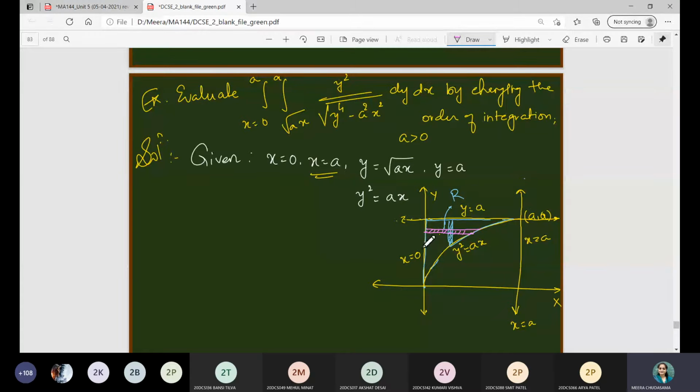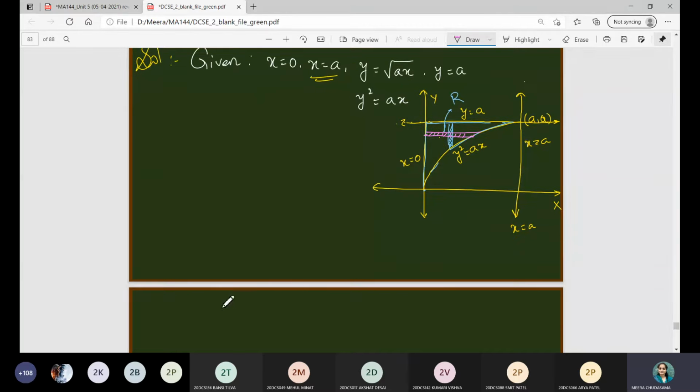So allow this strip to move in this region. What will be the constant limits of y? 0 to a. y is equal to 0 to a.